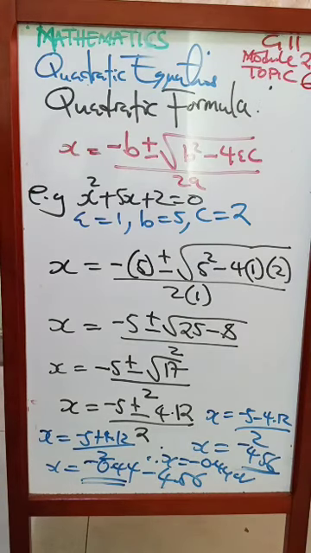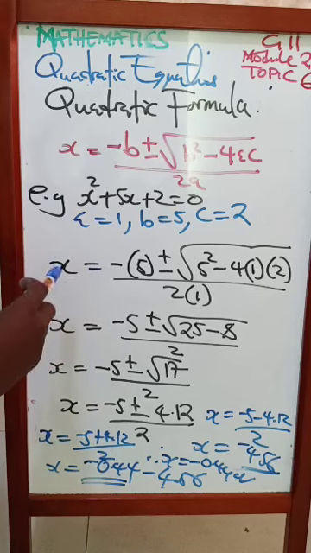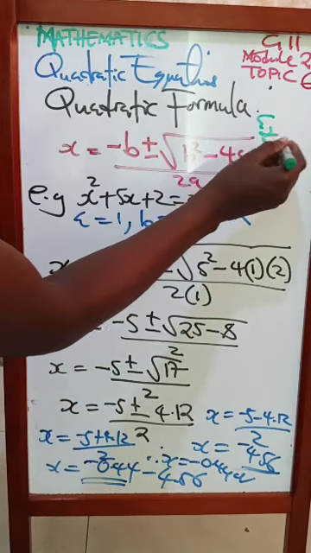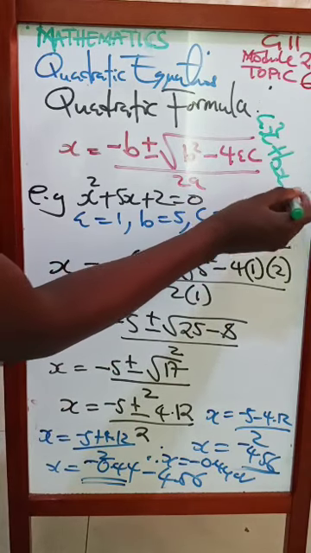This is how you solve the quadratic equation. All you have to do here is follow a few steps. Remember, the formula is very important, as well as knowing what to do with the question that you've been given. You must make sure that the question is of the form ax squared plus bx plus c.